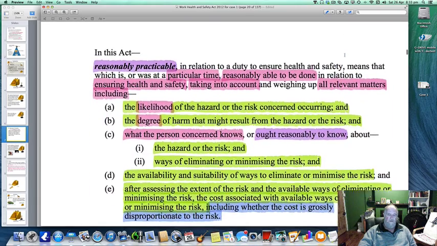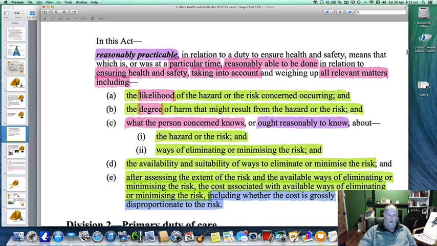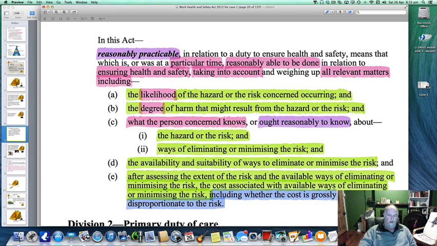Well, the things that you can take into account are the likelihood of the hazard or the risk concerned occurring, the degree of harm that might result, what the person concerned knows or ought reasonably to know, the availability and suitability of ways to eliminate or minimise the risk, and after assessing the extent of the risk. Because you know what the hazard is. The hazard's the pick shattering. The extent of the risk is what happens if it shatters, right?